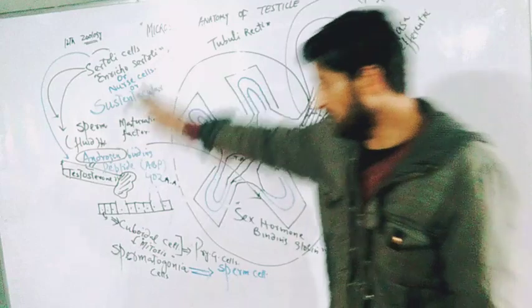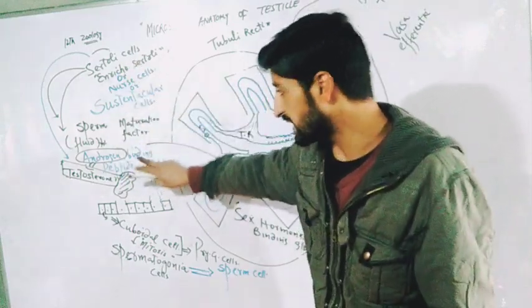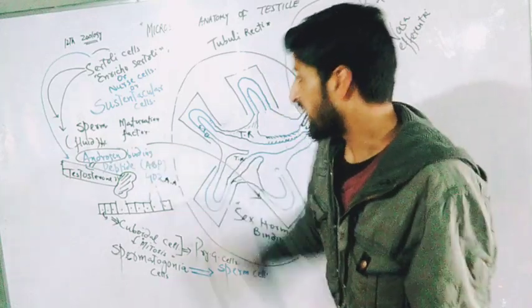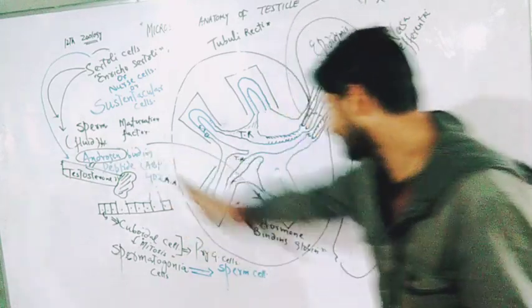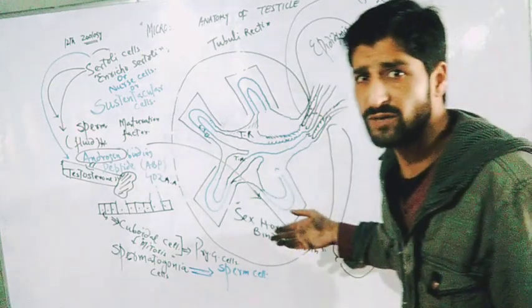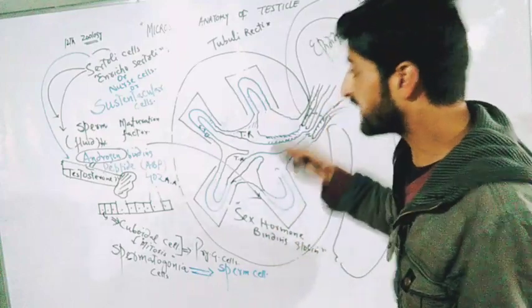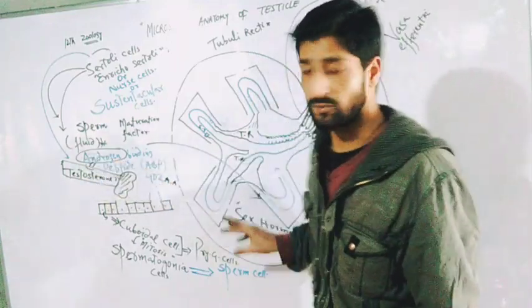Second point is that Sertoli cells produce special proteins, known as androgen binding peptide, also called sex hormone binding globulin. It is this globulin that carries testosterone in the blood.